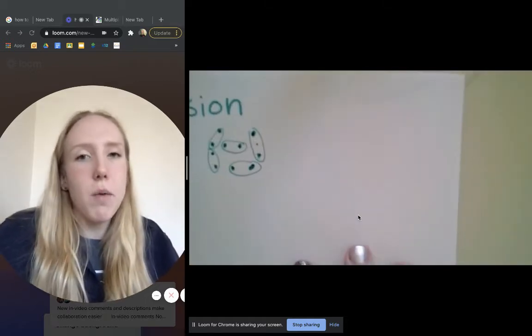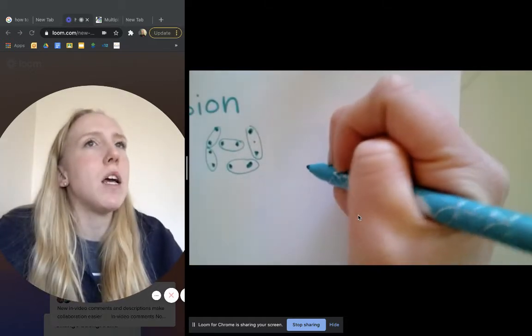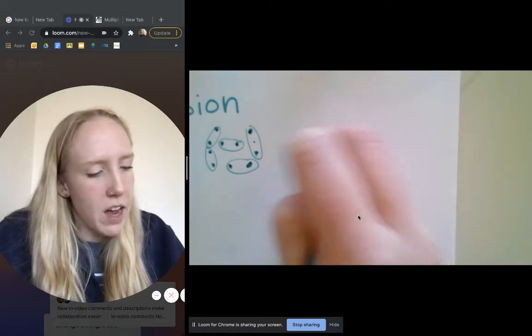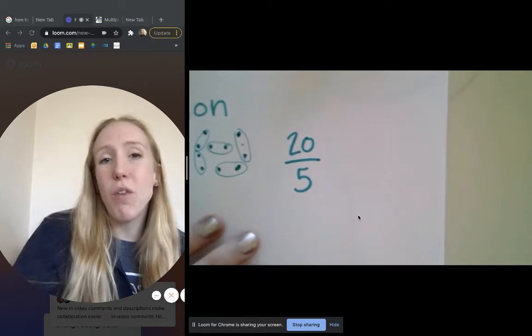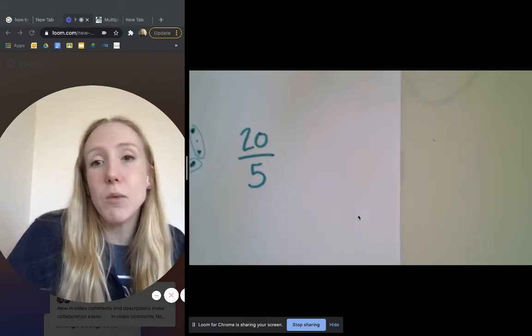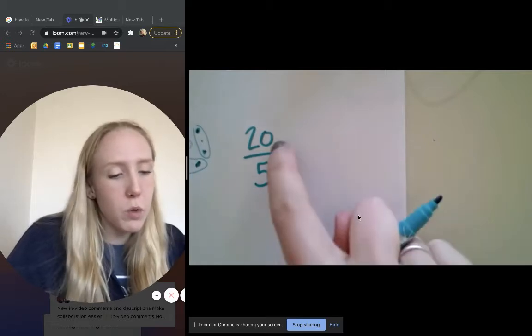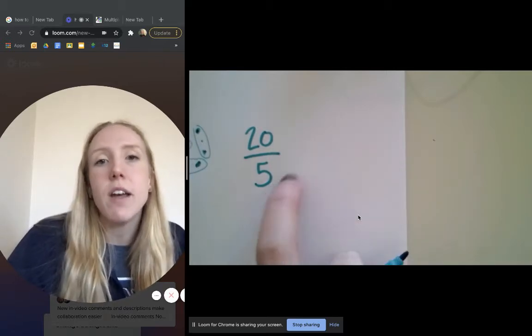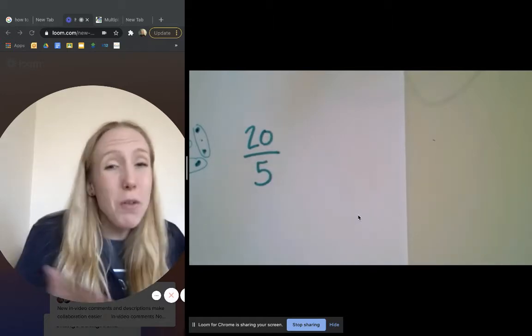Okay, so let's try one more. Let's think about maybe 20 divided by 5. Now, if we don't want to draw 20 dots, there's another way that we can do it. We can skip count, because we know that 20 divided by 5 is asking how many times can I fit 5 into 20. So I count on my fingers, you guys.